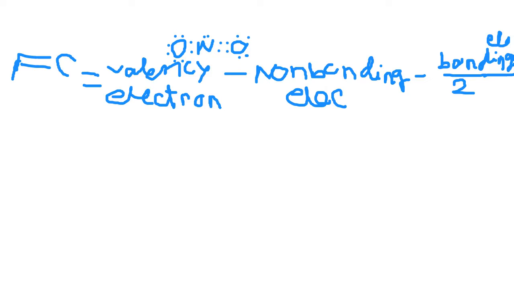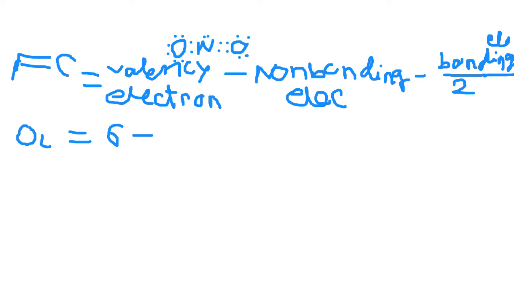Now let's calculate how we can do it for the left oxygen atom. First we will do this left oxygen atom. How many valence electrons do we have? 2, 4, 6, correct? So let's write that first here. Minus, how many non-bonding electrons do we have? Non-bonding means those which didn't participate in making a bond.